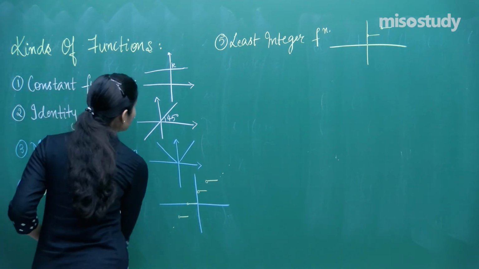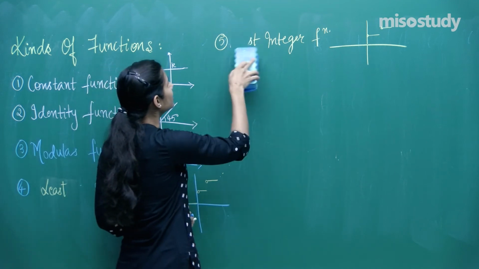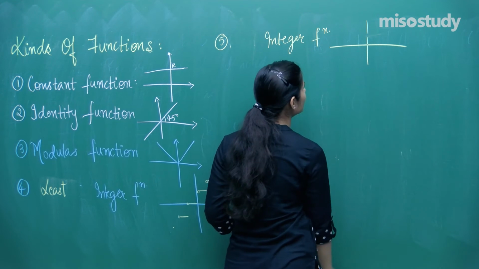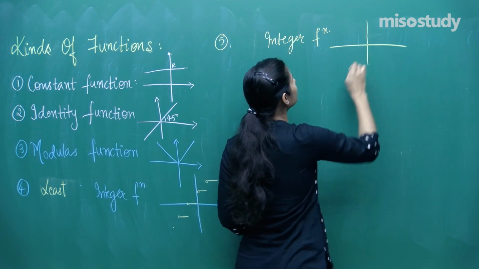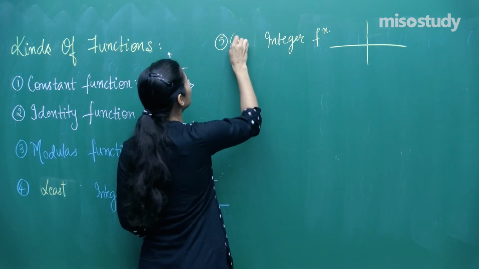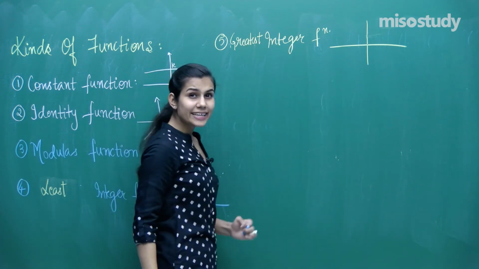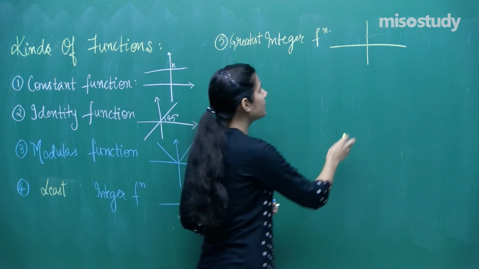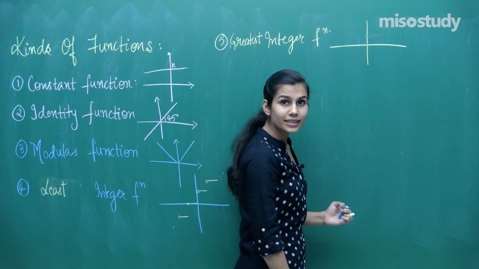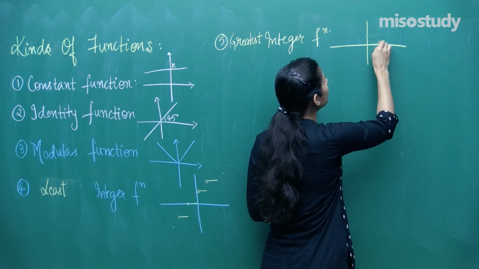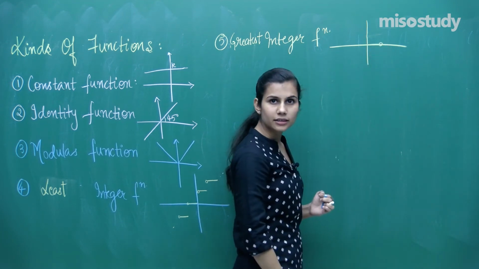Now moving on to understanding the greatest integer, I am interested in finding the greatest integer which is less than a real number. The greatest integer less than a real number means from 0 to 1, the answer is going to come out to be 0. But at 1, I'll have a blank.